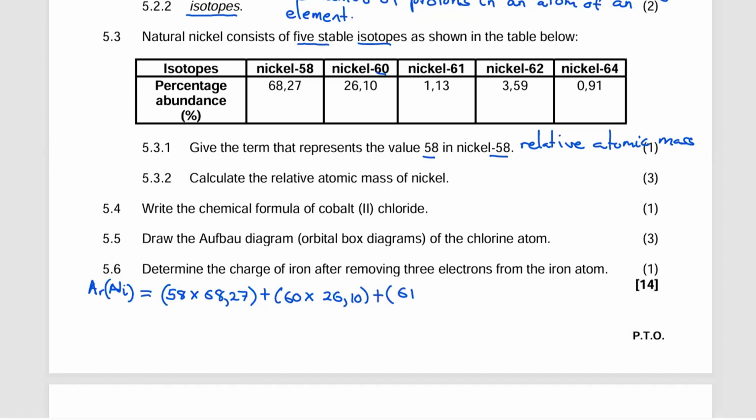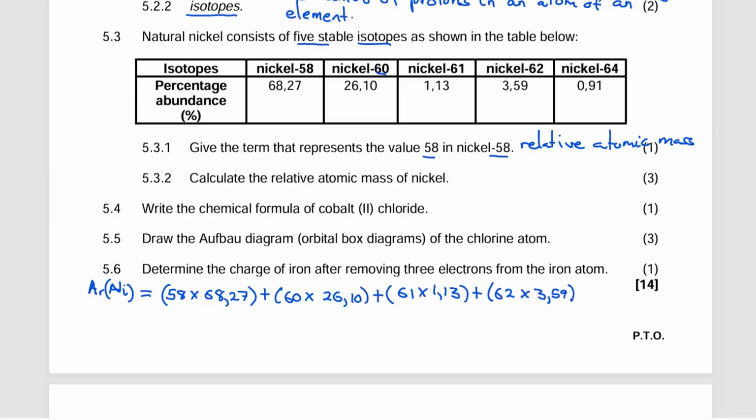Take note, it's not a negative, it's just that they indicate it's nickel dash 61. So it has a percentage of 1.13. Then we add again, move on to the next one, which is our 62, and its percentage abundance is 3.59.